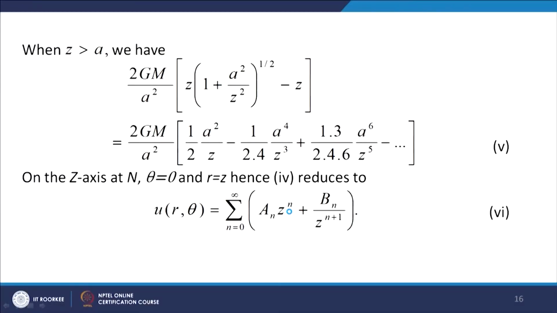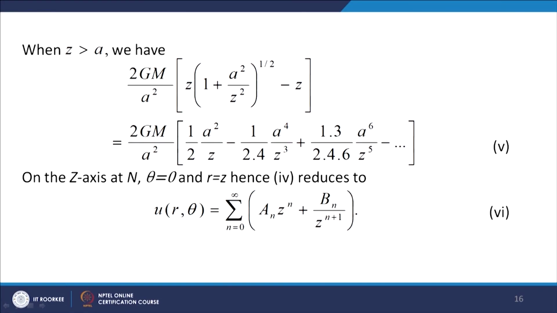Now, let us compare the 5th and 6th equations. When you compare, you see that b n is equal to 0 when n is odd, because we have only odd powers of 1 over z in this expression. In this infinite series only odd powers of z are present.